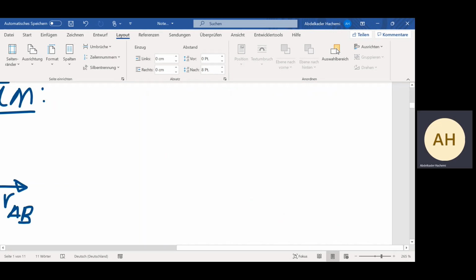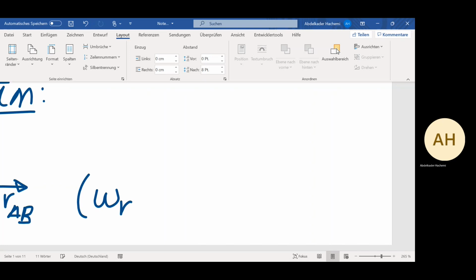I write here omega r taken, it's only a choice. We take it positive, and after this, if it's negative, you will find a value which is negative.